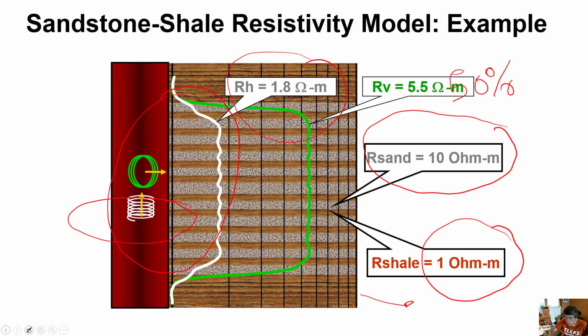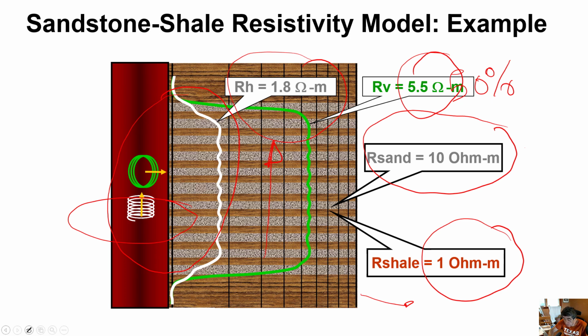Well, now this resistivity, because the electrical currents are forced to move perpendicular to the bedding plane, acts like a series circuit, and if you do the calculations for a 50% volumetric concentration of shale, then you're going to see that the value is 5.5 ohmmeters. So this value is actually higher than the parallel to bedding plane resistivity. But it's not yet equal to 10.